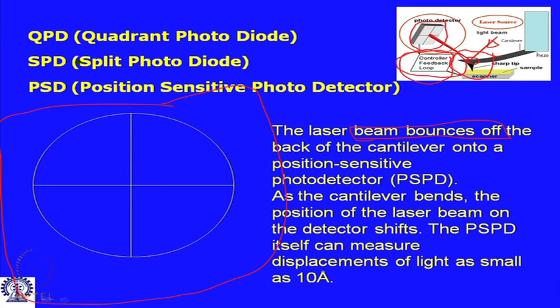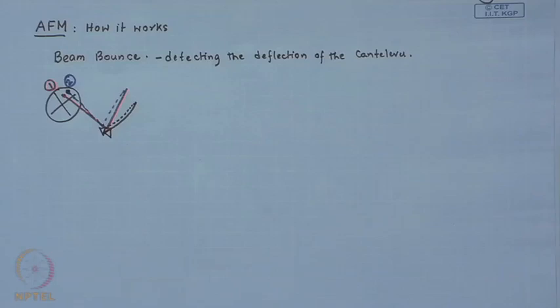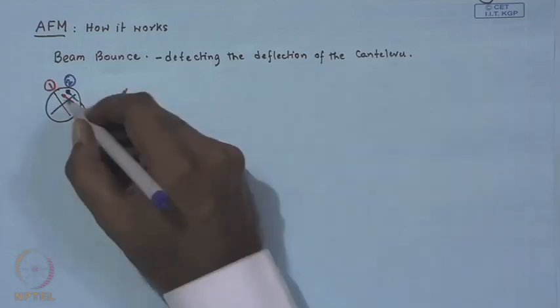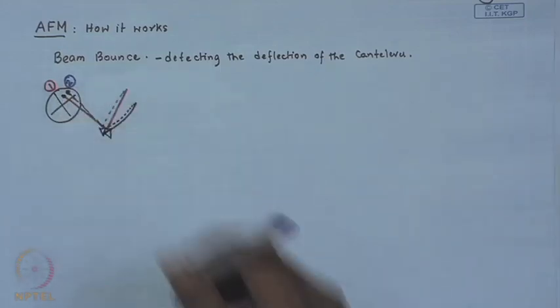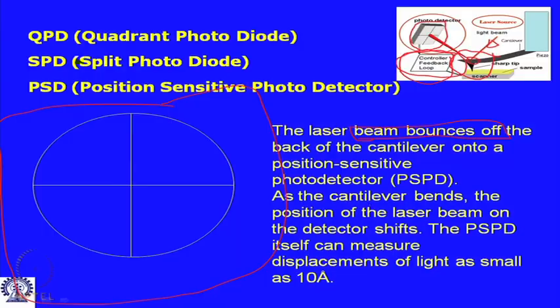Let us put it in generic terms as dimensional change of the piezoelectric scanner, so that the deflection of the cantilever comes back to the same level, and the reflected beam again falls at location 1. This particular aspect we will understand in greater detail.